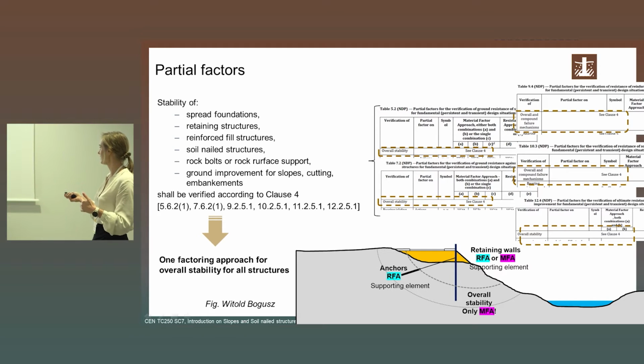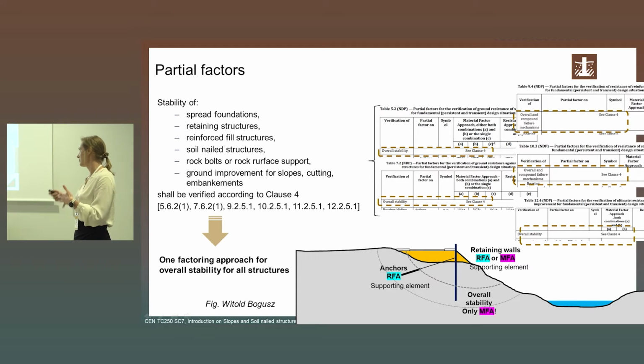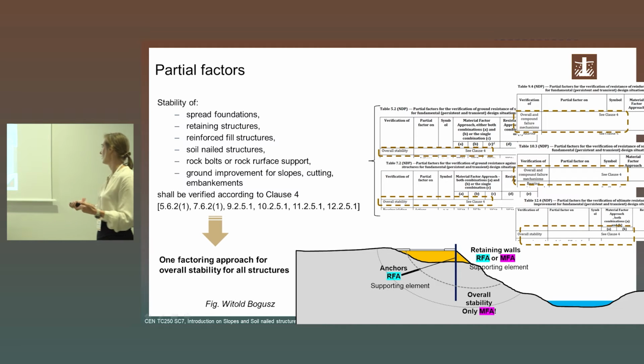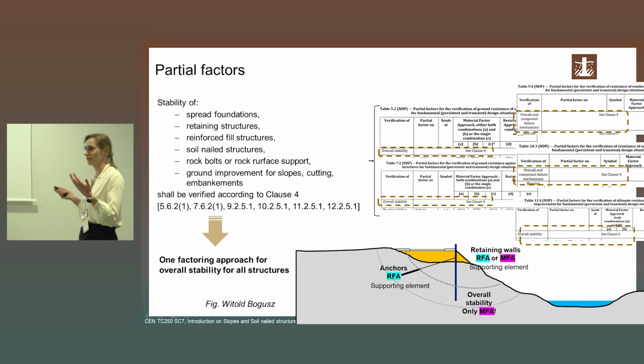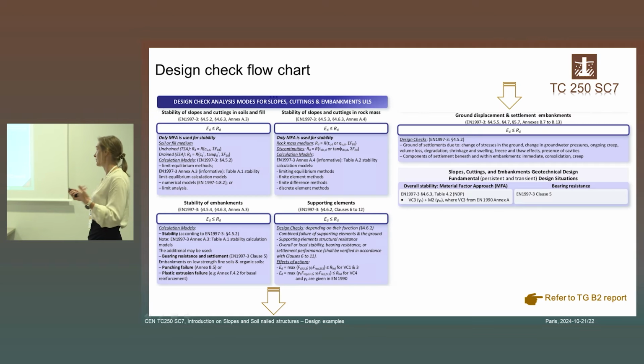What practically means that even if our substructures or structural elements can be solved using different partial factors, when we consider the overall stability, we only verify it using MFA. So I think it's now very, very clear.